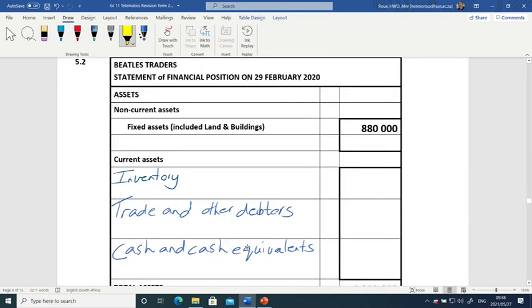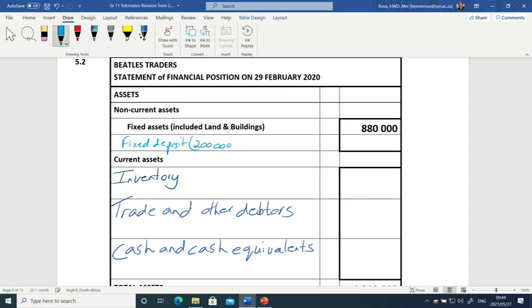The statement of financial position, they gave us the fixed assets because now they include it in their land and buildings. And then we also know we have to put in fixed deposit format. Because we know the format, we know fixed deposit to be added here, and fixed deposit was given as 200,000.